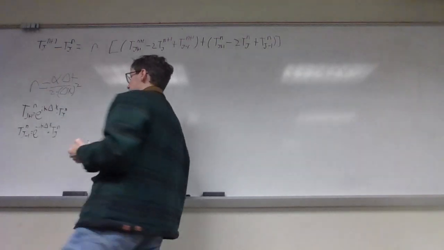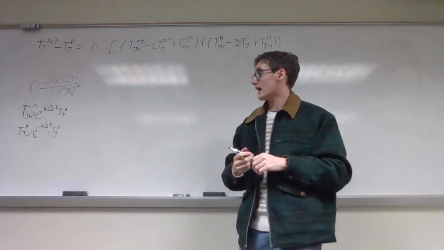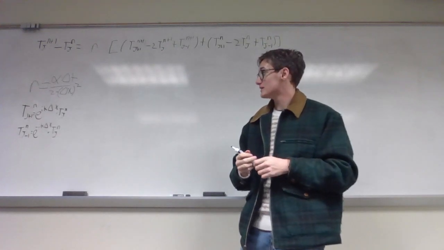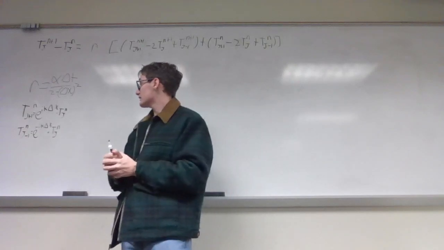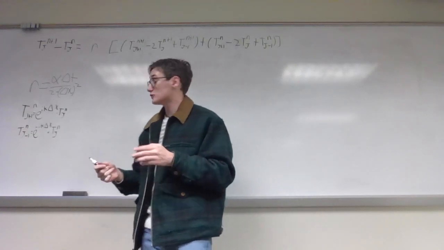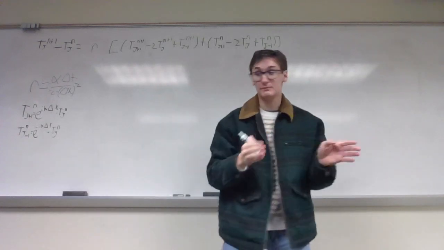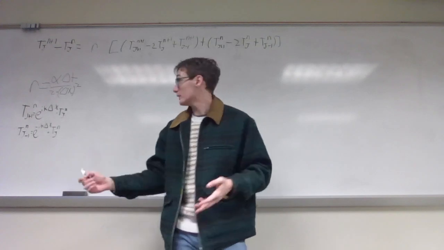For example, T_{j+1}^n equals e to the i k delta x times T_j^n. And then for j minus 1, it is e to the negative i k delta x times T_j^n. It's the same thing, just one is a negative step, one is a positive step, depending on exactly which position our value is.